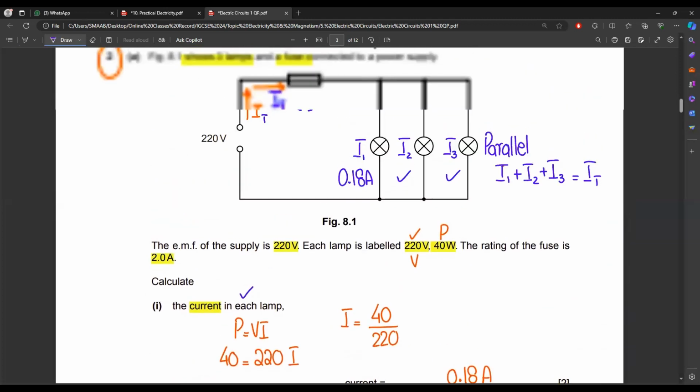Okay, sir, thank you. So it means you can connect 11 lamps in your whole circuit, in parallel combination, and your fuse will not blow up because your value of electric current is under the rating of the fuse. Okay.